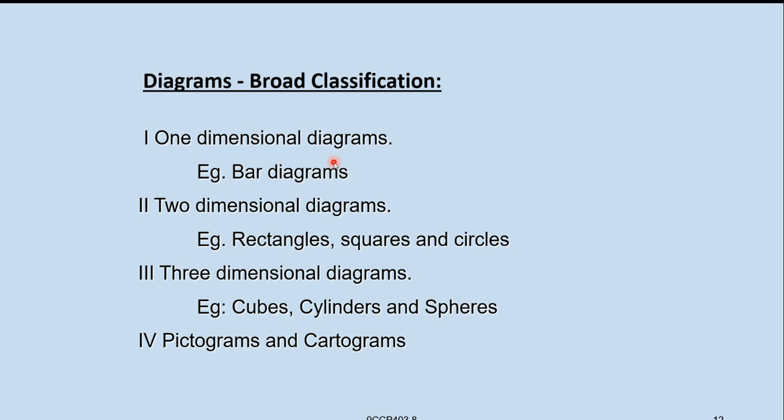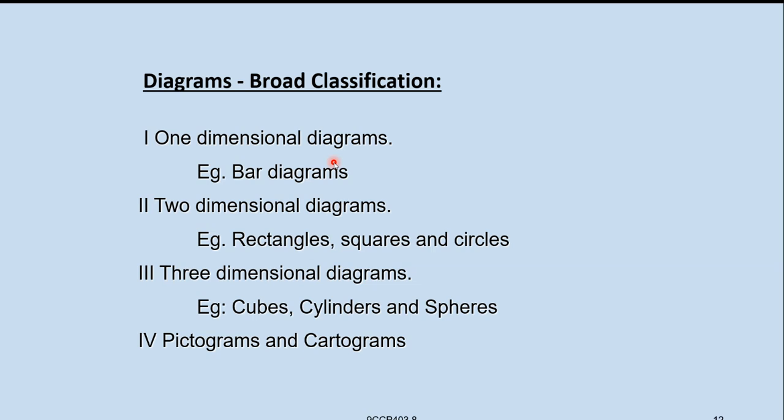A bar diagram also conveys the same. A bar diagram also can be given. Bar means it is having two lines, and then it will be showing the data very clearly. What I have explained to you previously is a line diagram, and this is a bar diagram.